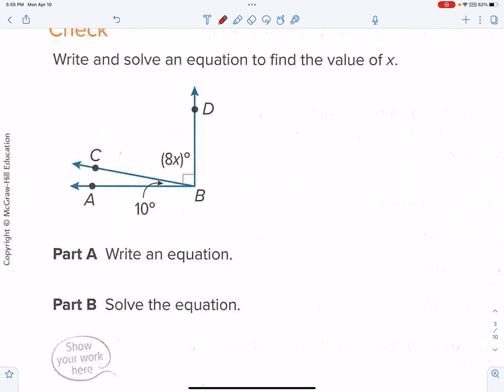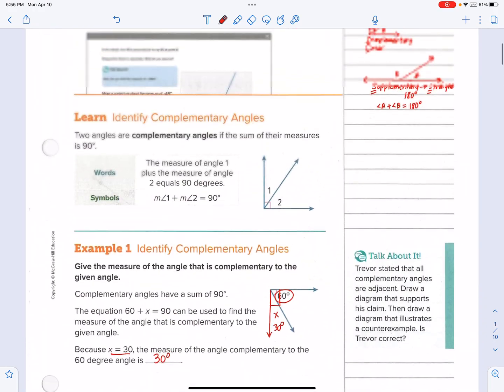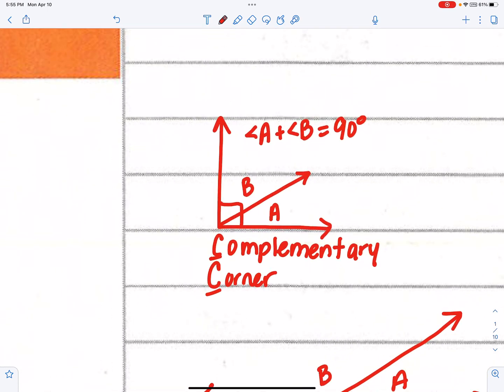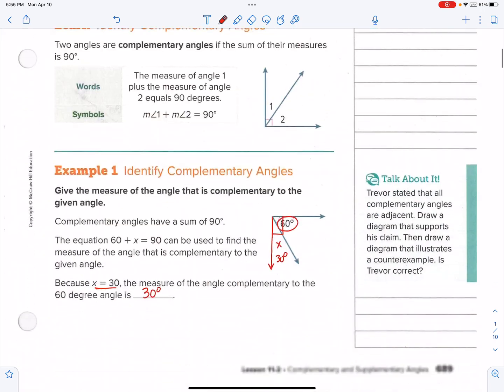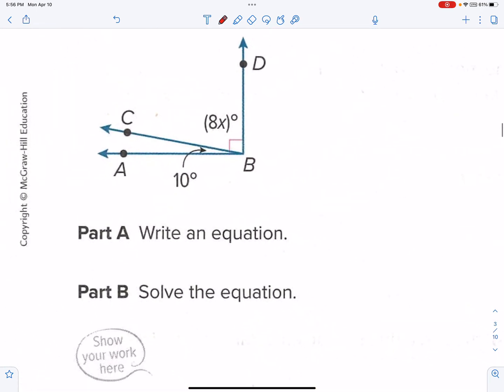You need to write an equation and solve. Let's look at our diagram here. Complementary angles, okay? They make up a corner. We know that they equal 90 degrees. So let's create your equation.